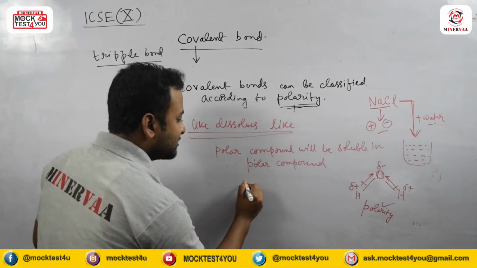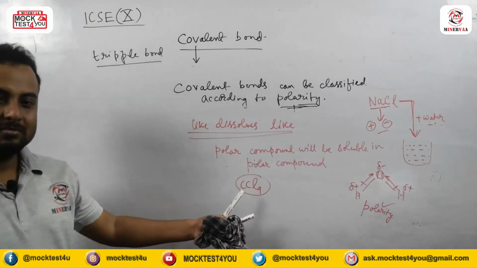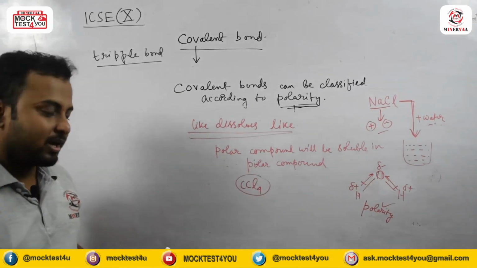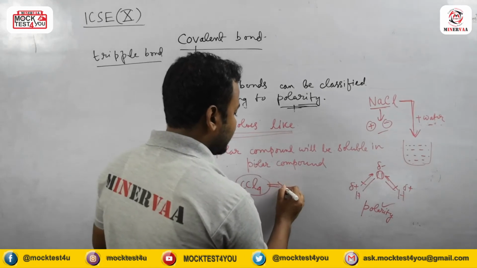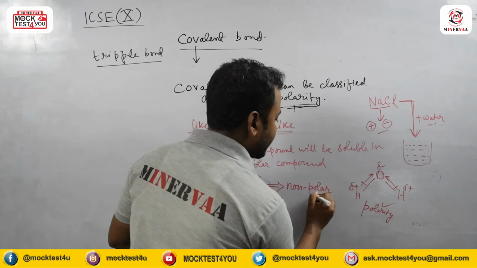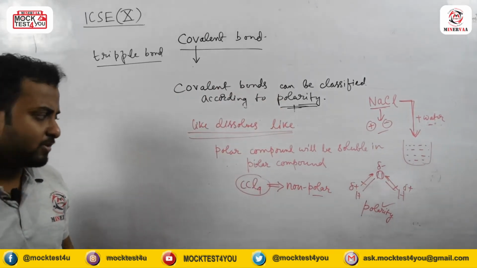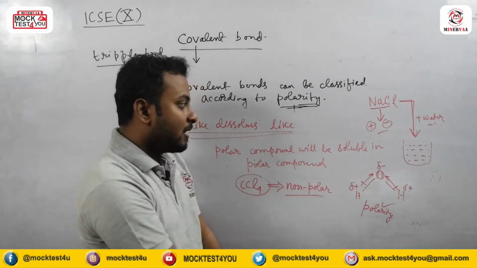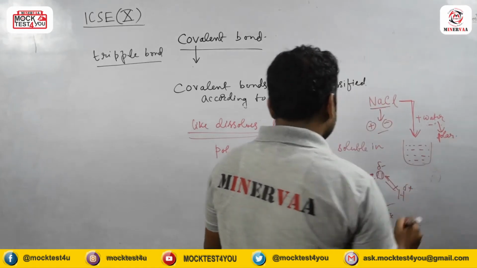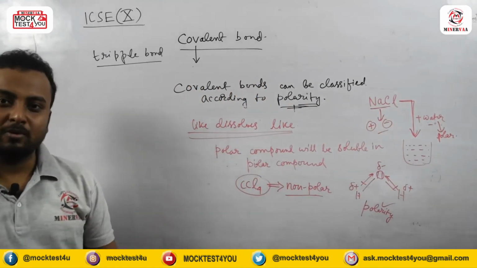But if you give CCl4, which is a molecule, the same chemical compound, okay, which is non-polar. Right, now we have seen that it is non-polar. Will it be soluble in water? No, it will not be soluble in water because it is non-polar, but water is polar. So the polar molecule cannot make the non-polar molecule soluble.